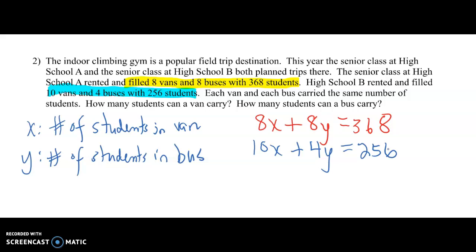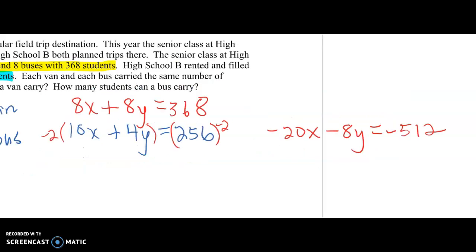So now we're going to go ahead and solve that system. We're going to multiply that second equation by -2. Get negative 20x minus 8y equals negative 512. And we're going to keep that first equation exactly the same.